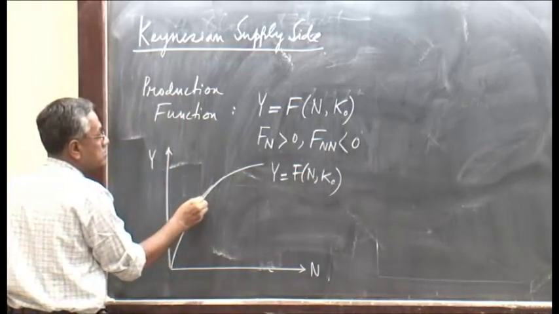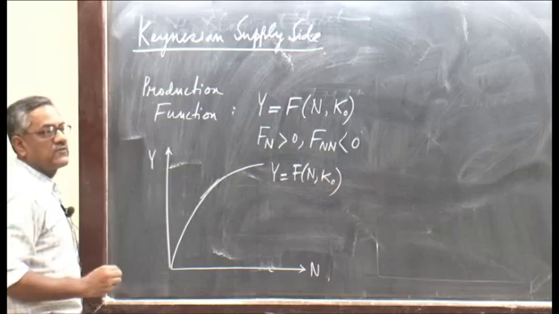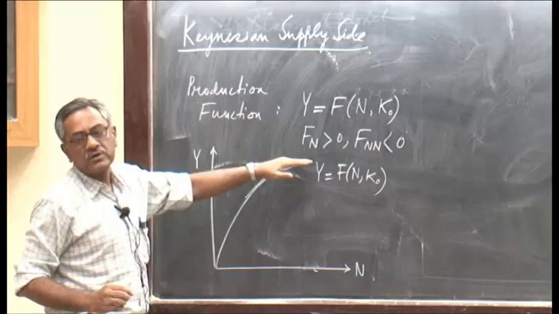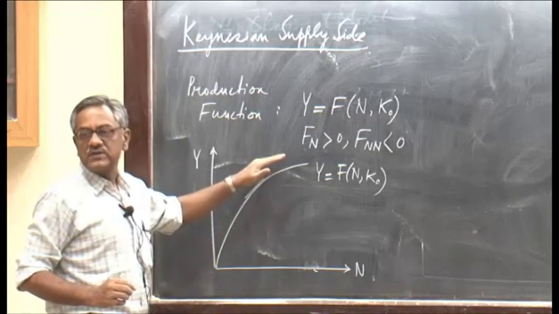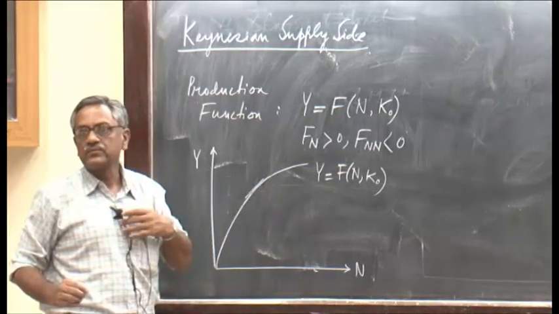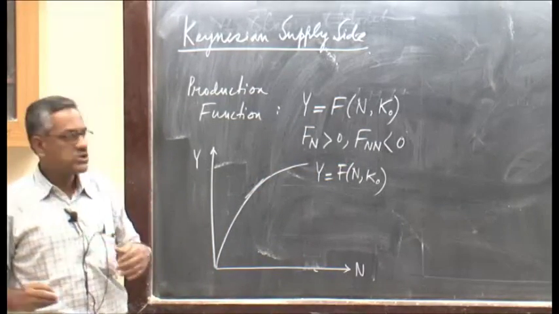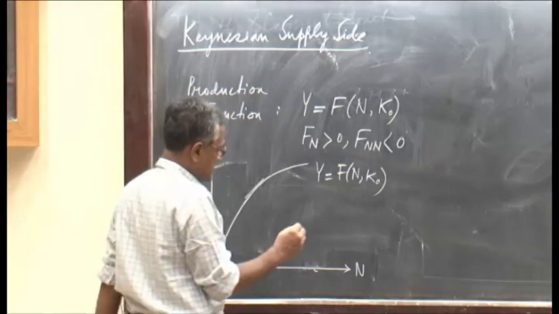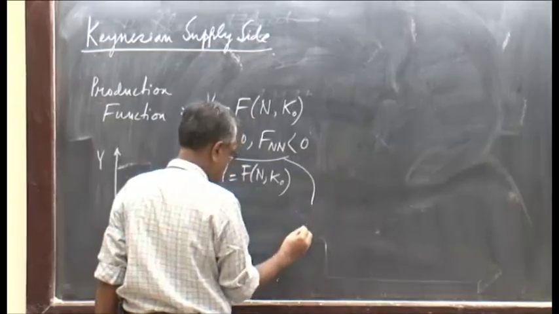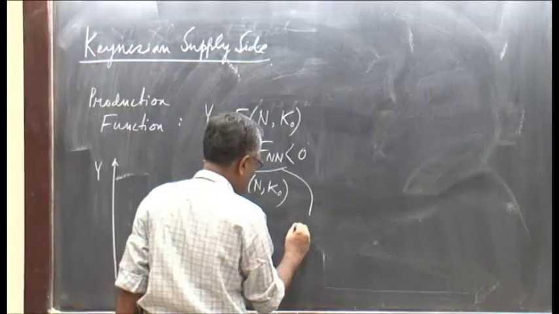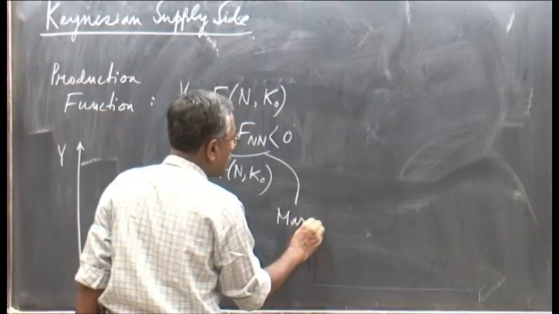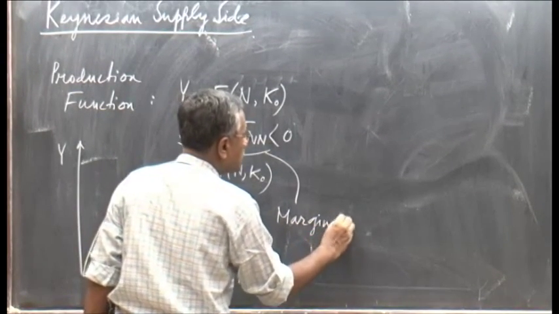So this tangent essentially measures Fn. So Fn is falling, the tangent is becoming flatter. So Fn is falling, the value of the first derivative is falling. So the second derivative is negative. This Fn, in words, is called the marginal product of labor.